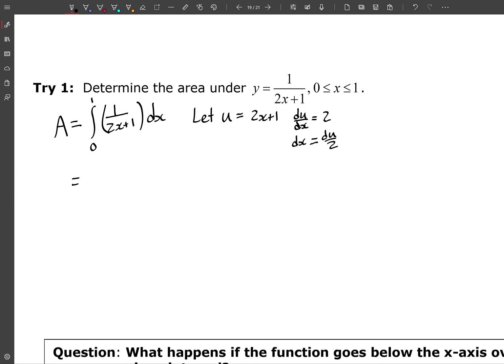So if we start taking the antiderivative, let's get our f of x. Let's say f is the integral of 1 over u du over 2.